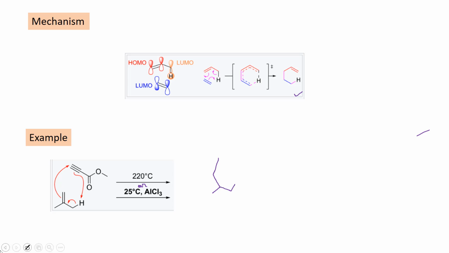So this hydrogen bond gets broken and this bond gets shifted to this place, and there is a new sigma bond formation, and this bond becomes a double bond and gets hydrogenated.